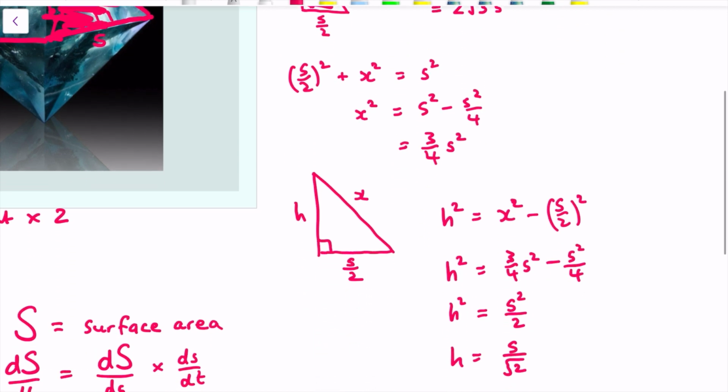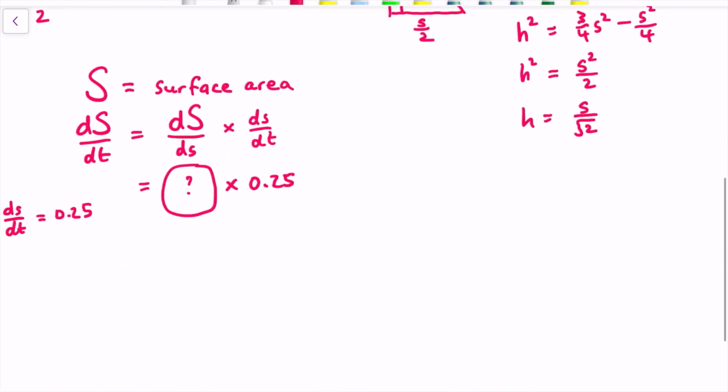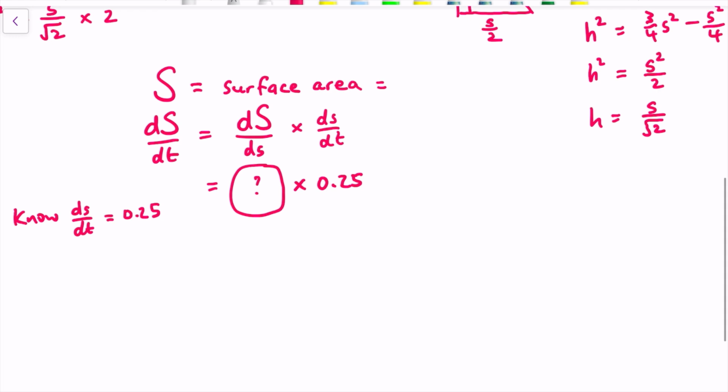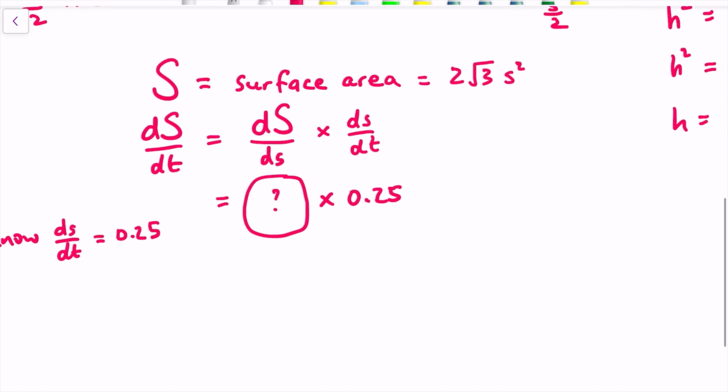The surface area is 2 root 3 s squared, but we want to differentiate that with respect to little s. That's going to be equal to 4 root 3 multiplied by s. And the question told us some information about the volume, which meant we knew what s was.